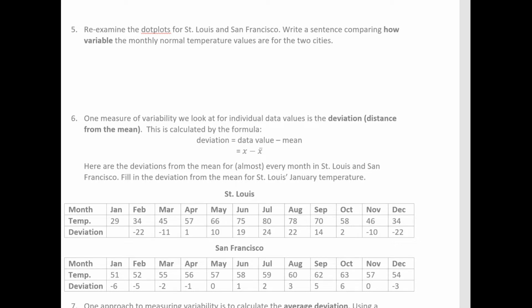So remember that term variable in this context, it really means how spread out, or how much they vary or differ, right? So looking back at the dot plots, consider which city seems more variable, more spread out with more differences in values. So compare the two cities with regards to how variable they are and try to come up with a sentence to do that.